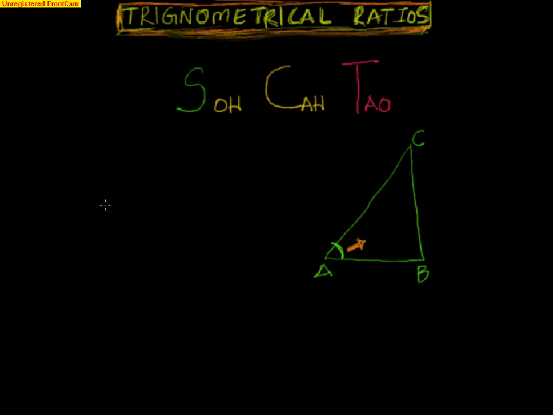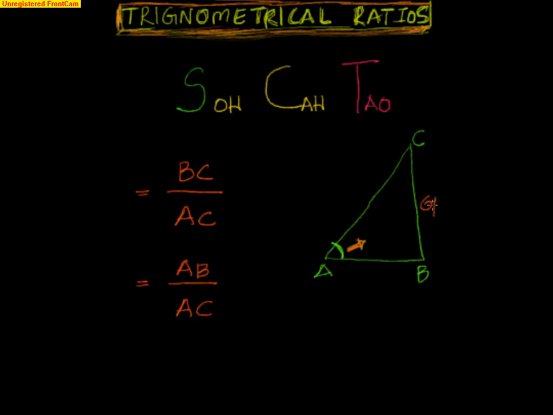Now you have 6 trigonometrical ratios. I will give you one by one. Let us say first I want opposite by hypotenuse, so BC divided by AC. Is there any ratio for this? We will find it out. Similarly, I want adjacent by hypotenuse. Is there any ratio? We will find it out. Similarly, I want opposite by adjacent.